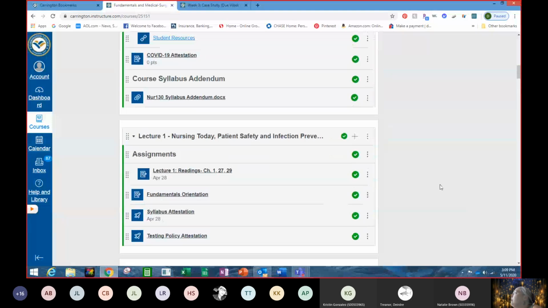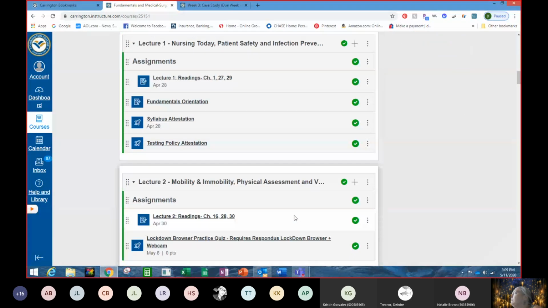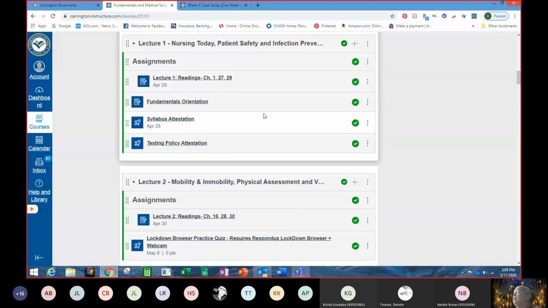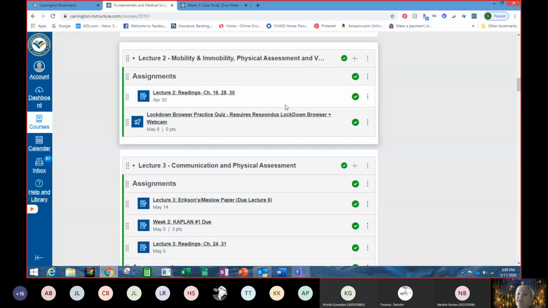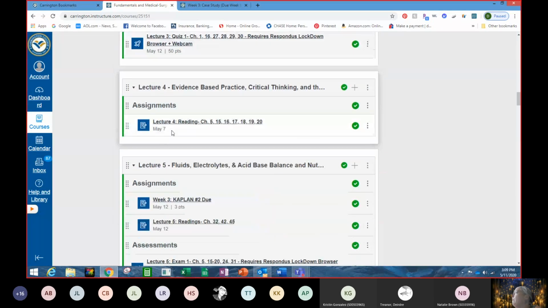So when you're in here, guys, so the modules. Lecture 1 was Tuesday. Lecture 2 was a Thursday. Everything in here has its due dates when you know when it's due.